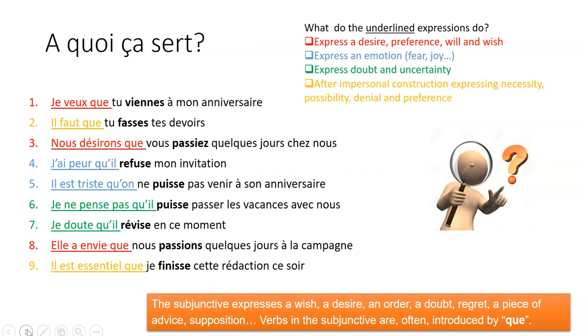So the subjunctive expresses a wish, a desire, an order, a doubt, regret, a piece of advice, a supposition, and the verbs are often introduced by que. So the subjunctive is not in the trigger, which is in the colorful sentence starter, but in the second half of the sentence. Often you will have a subjunctive after que, but it's not compulsory. So be careful.